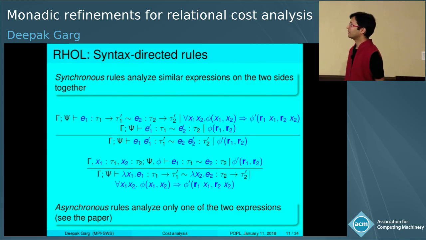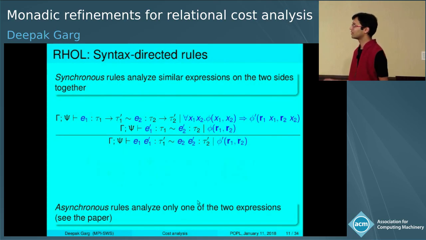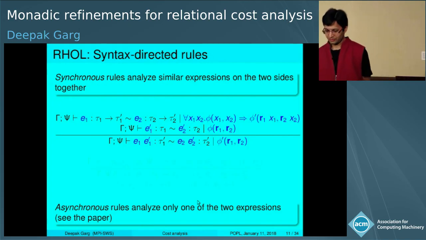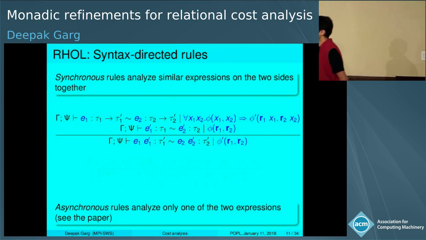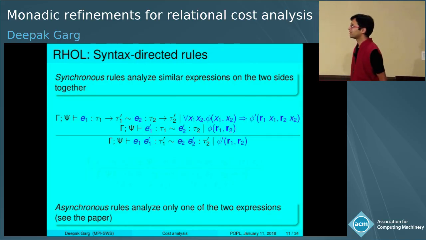So just to give you an example, here are the rules for application and for lambda abstractions, okay? I will just explain to you the rule for applications. So what this rule says is the following. If you have the application E1 prime, and you have the application E2 prime, and you want to relate them at a post condition phi prime here, the way you do this is by first relating the functions E1 and E2.